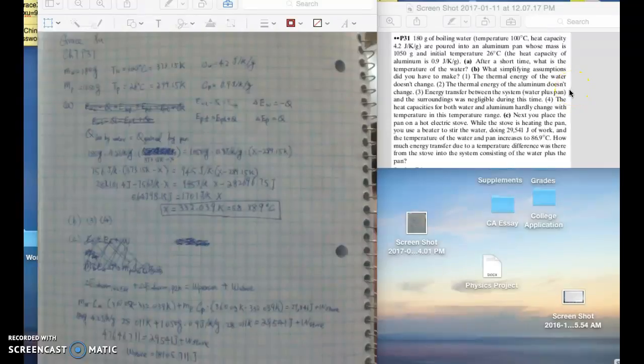However, we did make the assumption, as I said before, that all the energy that's transferred between the two was not lost in the process.